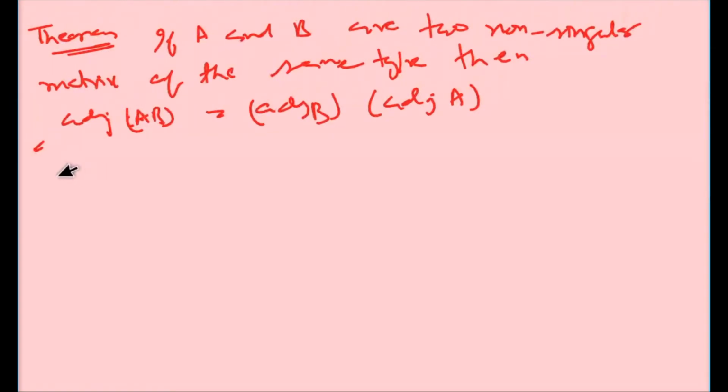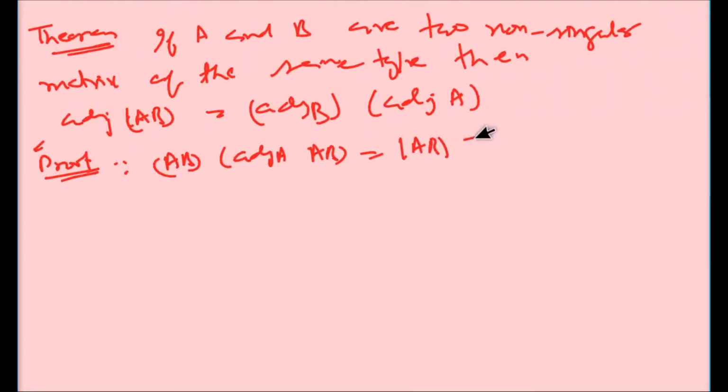Okay, now I can give you the proof of this. Since we know the product of AB with adjoint AB is determinant of AB times I, we can also write it as the product of adjoint A with AB.